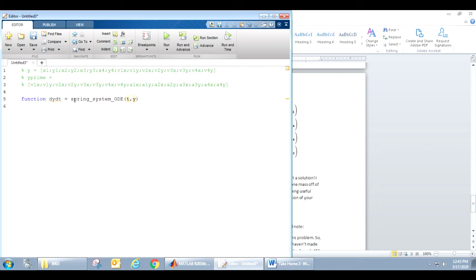So for y, I'm just going to say that we're going to make a new variable. I'm going to call it, say, x1, and that's just equal to the first element of y.